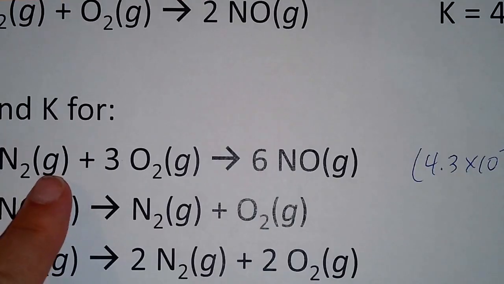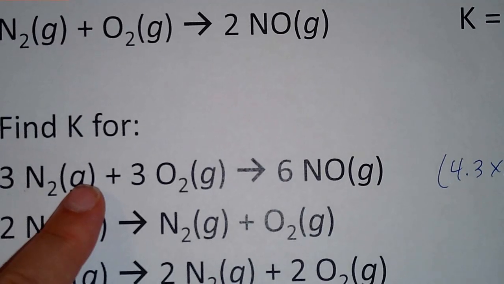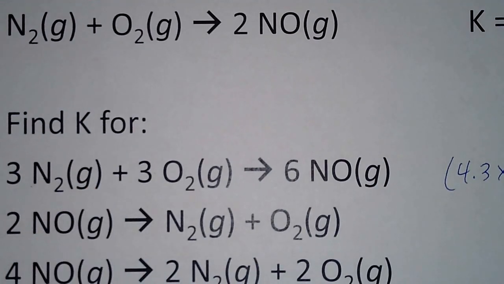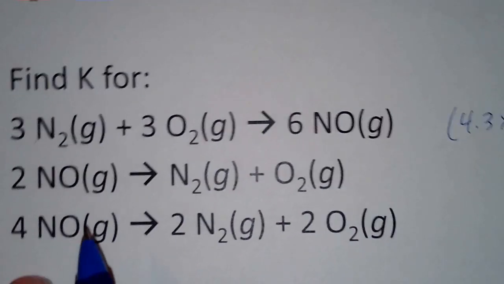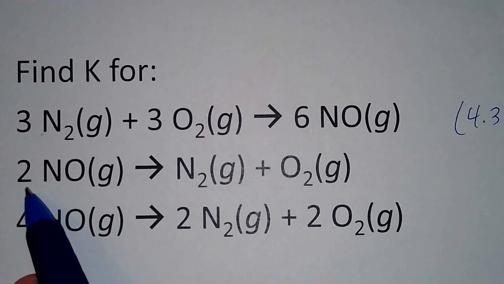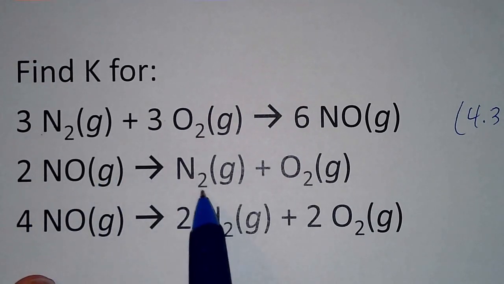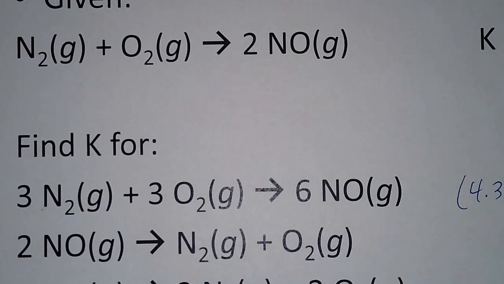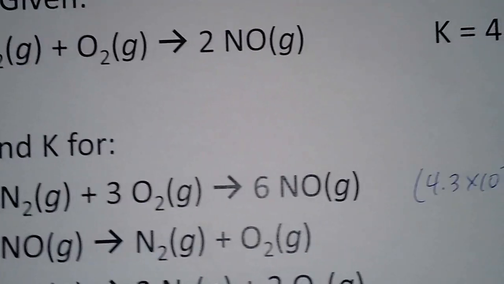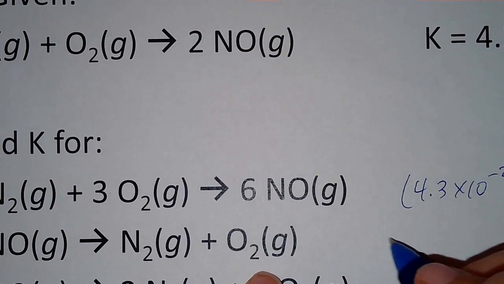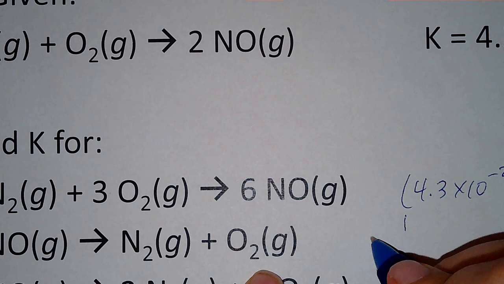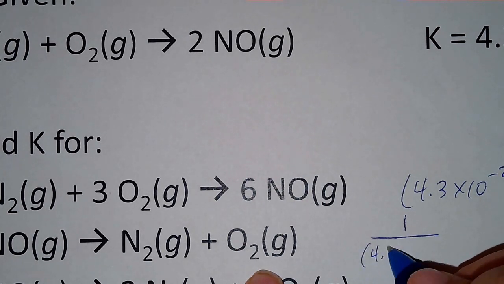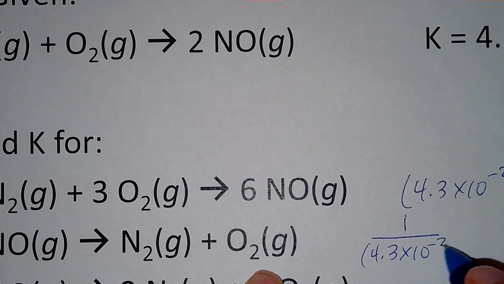Alright, let's look at the second one. 2NO goes to N2 plus O2. So compared to what we had up here, this one is just flipped around. So if we have flipped around our expression, we're going to take the reciprocal of the K. Alright, so 1 over our previous K value.